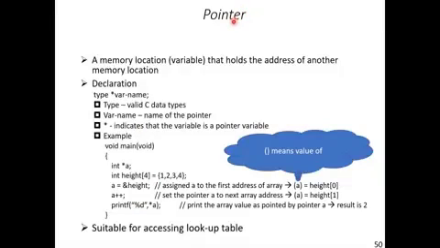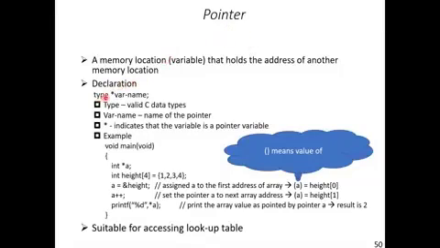It is similar to a variable, but the behavior of a pointer is slightly different, because it is a memory location of a variable that only holds the address of another memory location. So a pointer only deals with memory locations, but a variable only deals with data types.